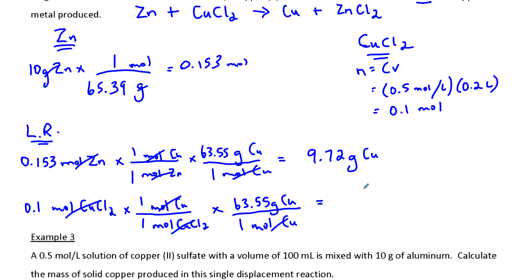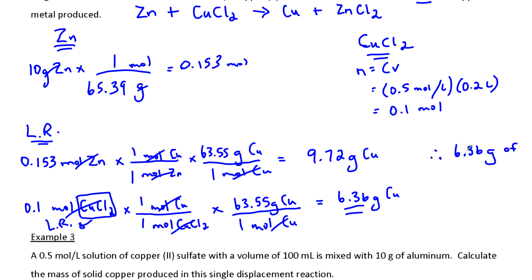Okay, so when I multiply, I get 6.36 grams. So when I compare these two, this is definitely the lower amount, meaning this is my limiting reactant, CuCl2. Therefore, I'll just write it over here because I'm running out of room, 6.36 grams of copper is produced.